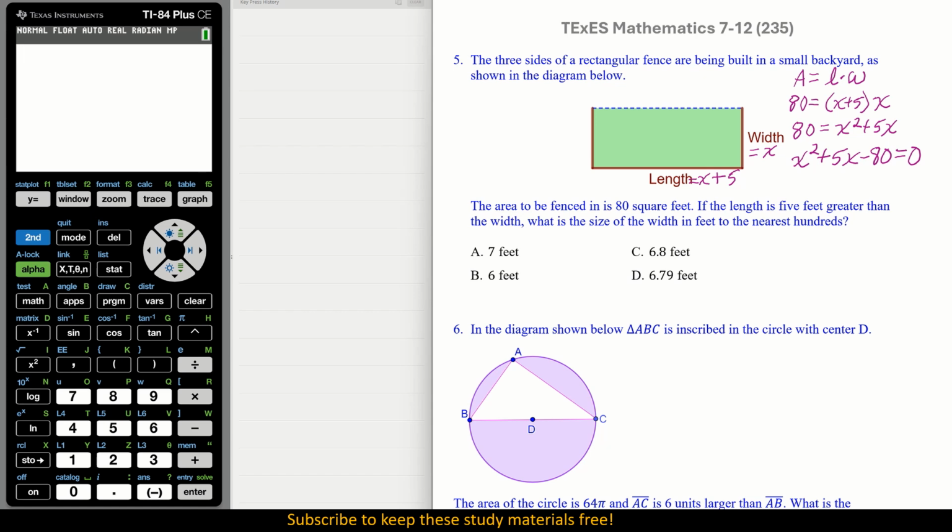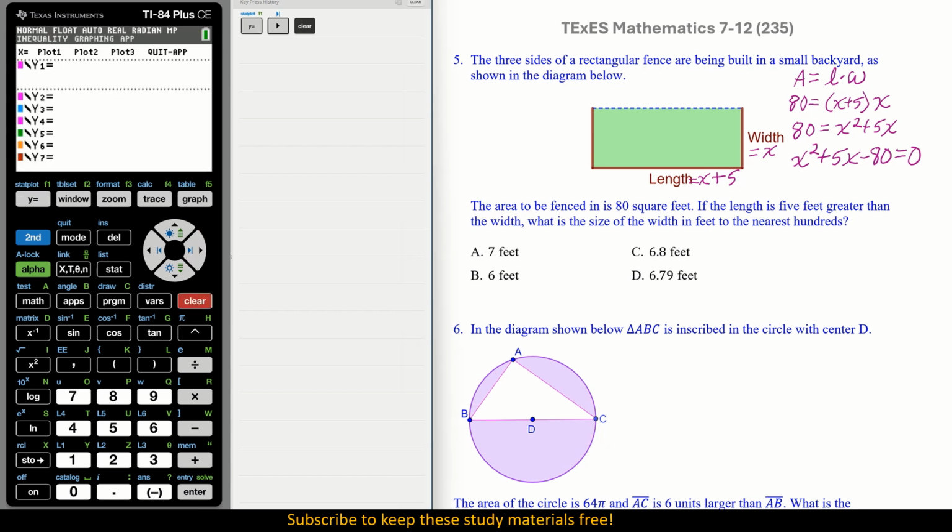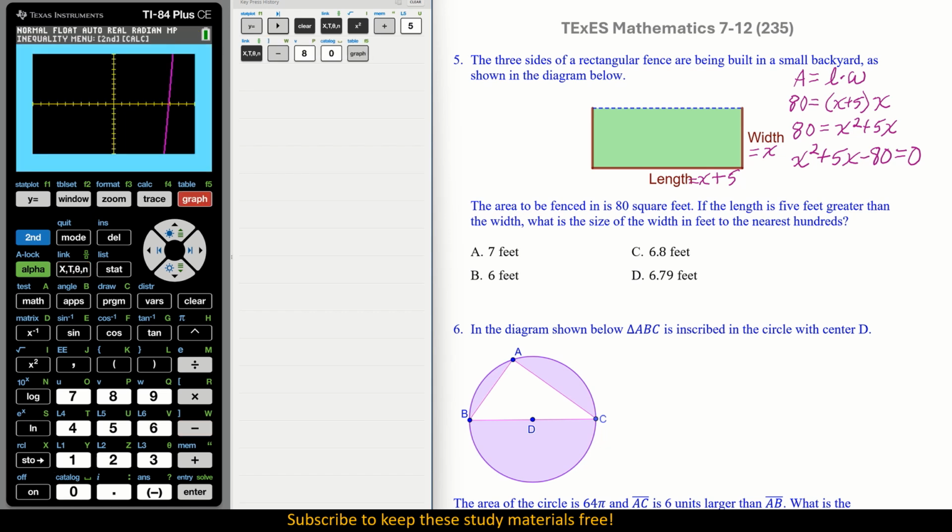Okay, let's put that into our calculator. Well, let's graph it first. We could graph it or we could use the app. Let's do both. Let's say y equals, go over, clear that thing out. Let's say x squared plus 5x and minus 80. Okay, graph it.